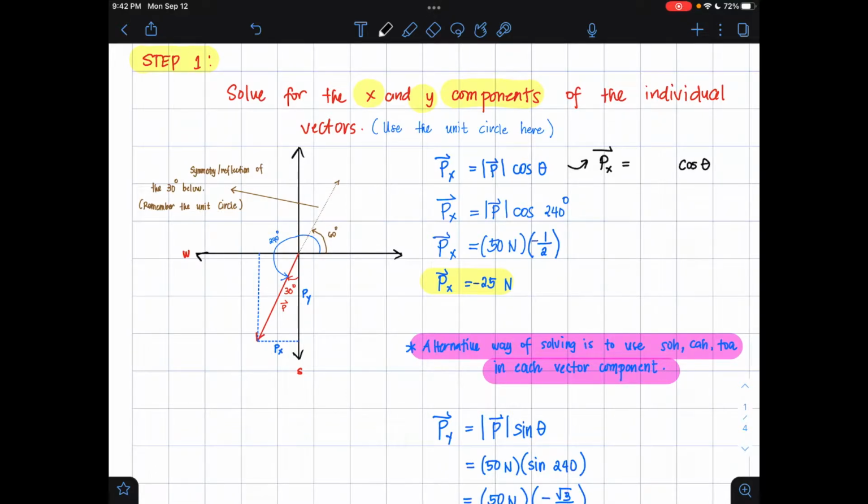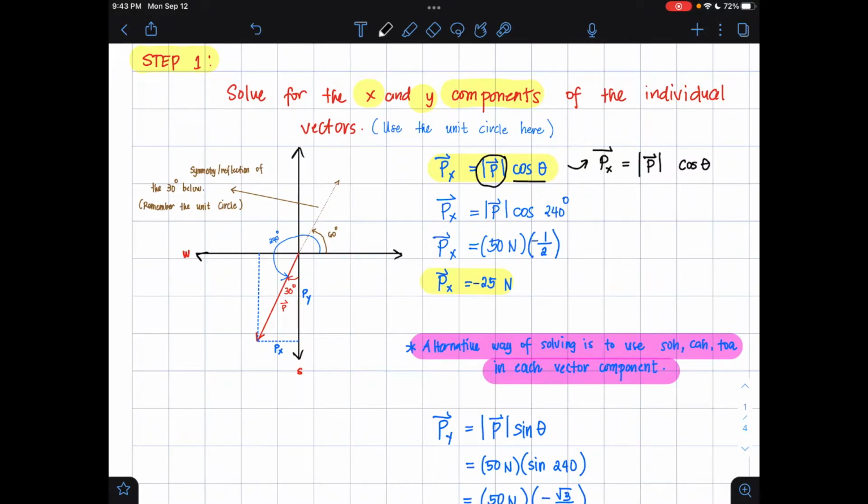I'm hoping by now you recall the discussion on the unit circle, why that becomes cosine of theta. We take the magnitude of your vector multiplied by the cosine of the angle theta. That is why, to find the x component of vector P, you just take the magnitude multiplied by the cosine of angle theta.